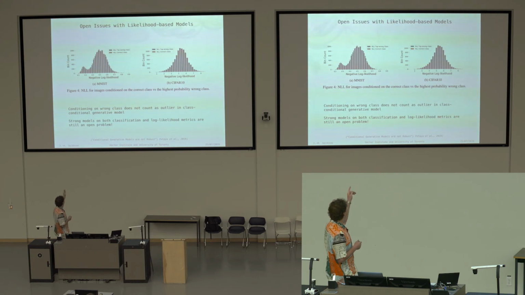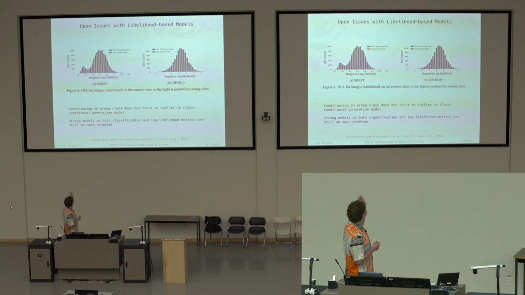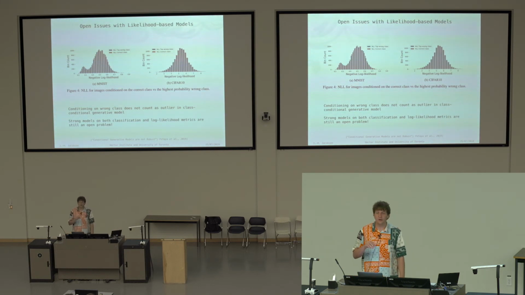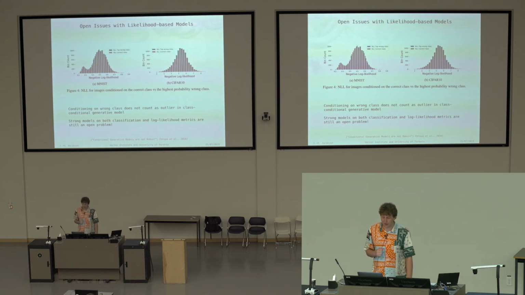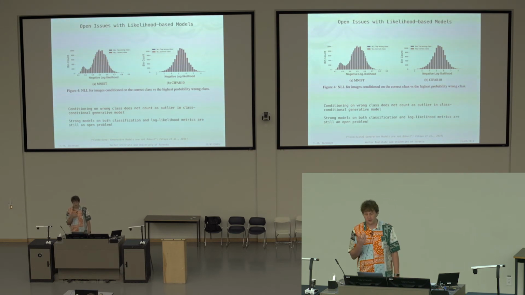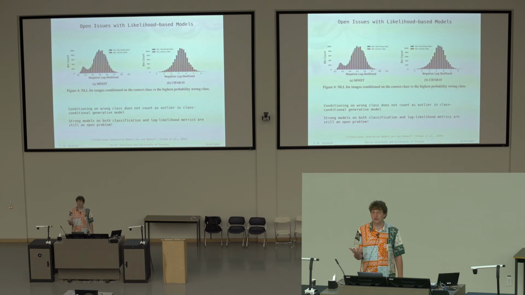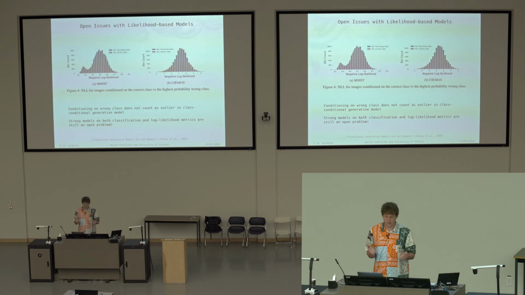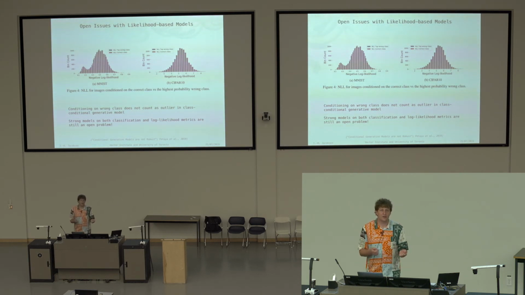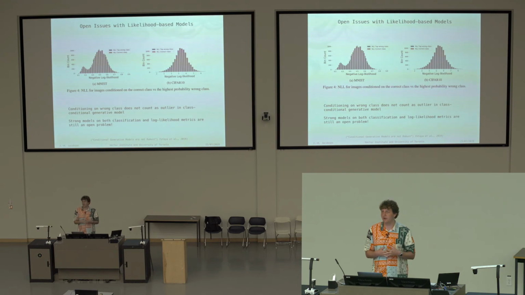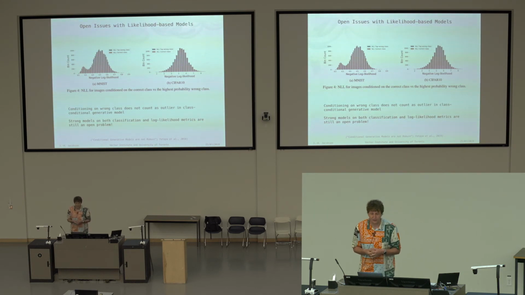The blue one on the left is the negative log likelihoods binned that you would get from conditioning on the top wrong class, and the red ones are the negative log likelihoods you get by conditioning on the correct class. You condition on the wrong class and the correct class and bin these, and you see that the change in likelihood is smaller than the variance over the data set. So you cannot really expect these models to be reliable in detecting adversarial examples, for instance.